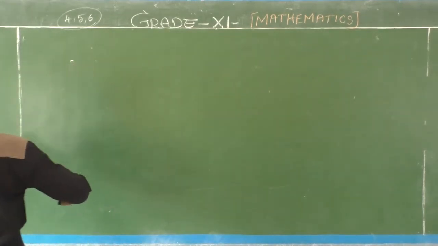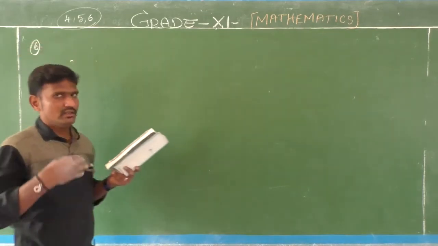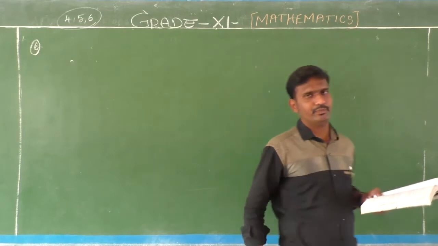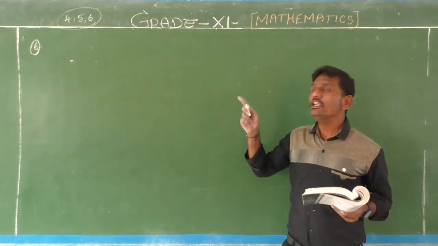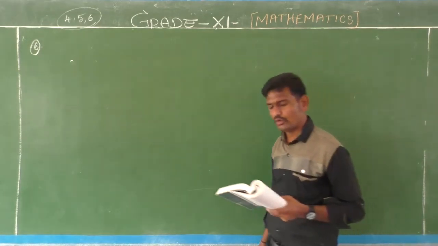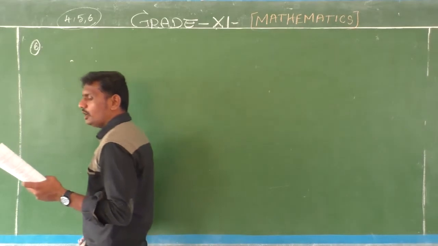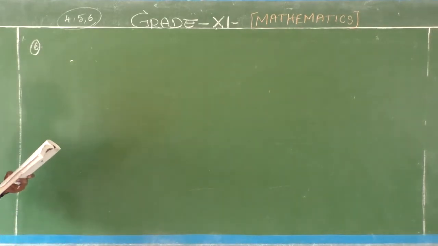Here the 6th question is entirely different from this background question. So the 6th question I am going to teach you now, and the remaining 2 questions, try to complete as your homework. Students, okay. Now look at question number 6, and I am giving you a very smart note through questions 4 and 5.